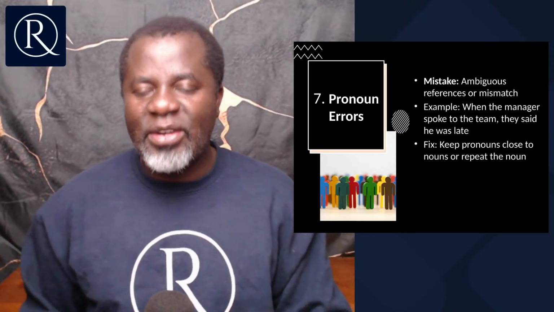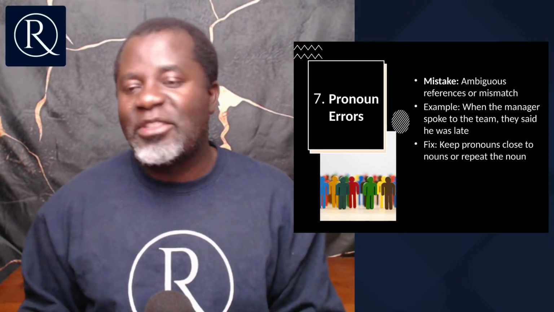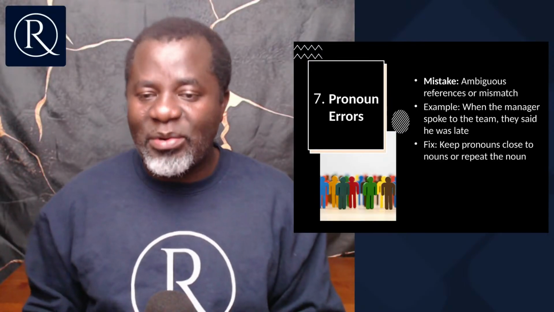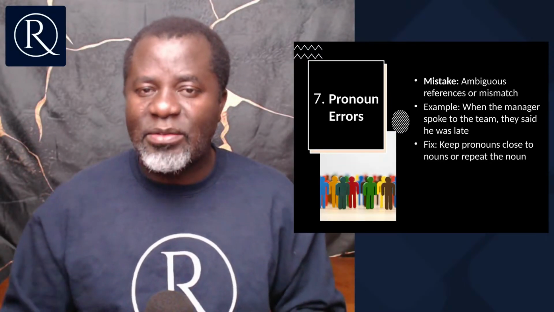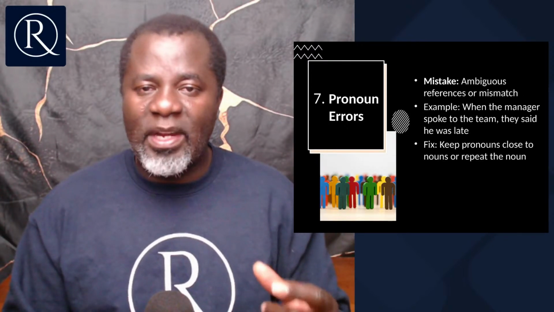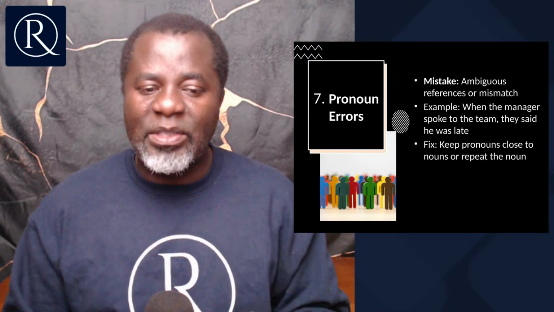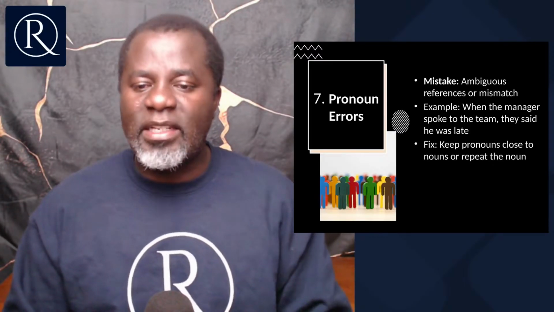We know that he obviously refers back to Chanda. He cannot be somebody else because a pronoun only comes after a noun has been mentioned. So when you're using a pronoun, only let it come when the noun itself has been mentioned, and it should be in direct reference to that noun.